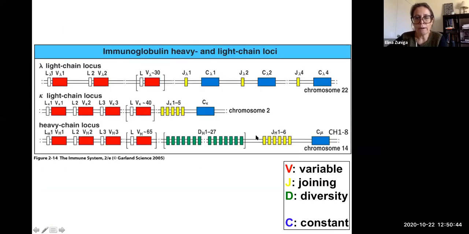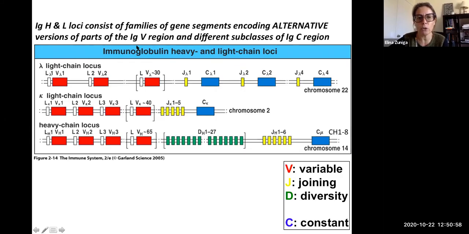Okay, so before we go into how the immunoglobulin loci are rearranged at different stages of development, I also wanted to bring up the composition of the loci of the immunoglobulin light chain and heavy chain. Remember, we have two loci for the light chain, the lambda light chain locus and the kappa light chain locus, and also the heavy chain locus.